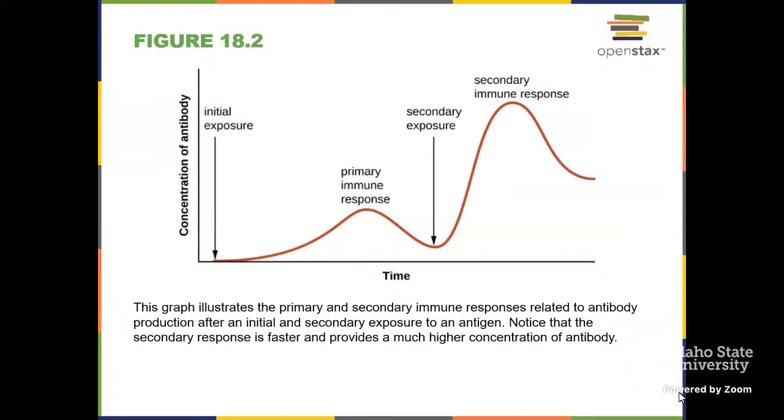The tetanus shot is a good example of something that requires a booster every 10 years or so. They recommend that you get a booster shot against tetanus, and if you don't remember your last shot, probably time for another one, right?